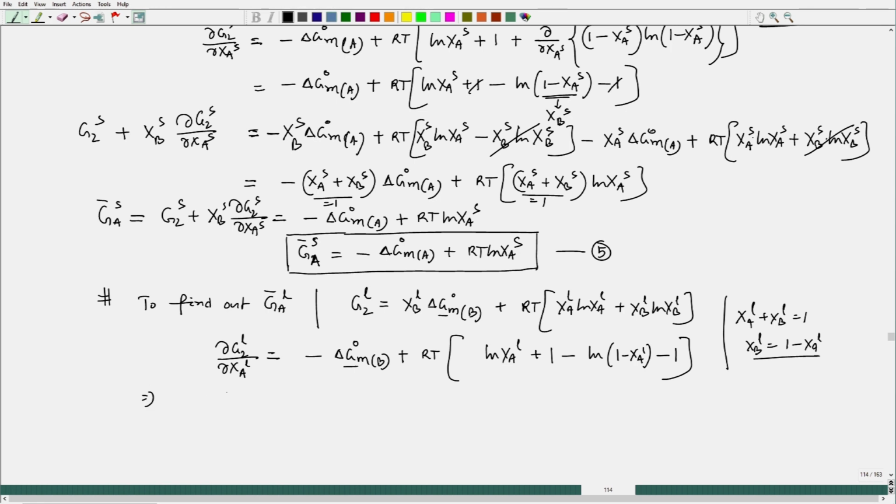Then I can multiply with XBL, should be equal to minus XBL plus RT XBL ln XAL plus, and this 1 will get cancelled, so minus XBL ln XBL.